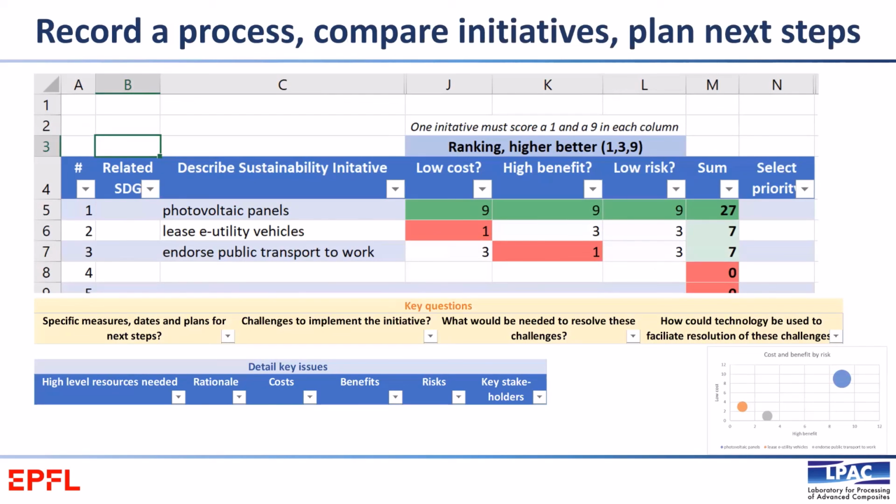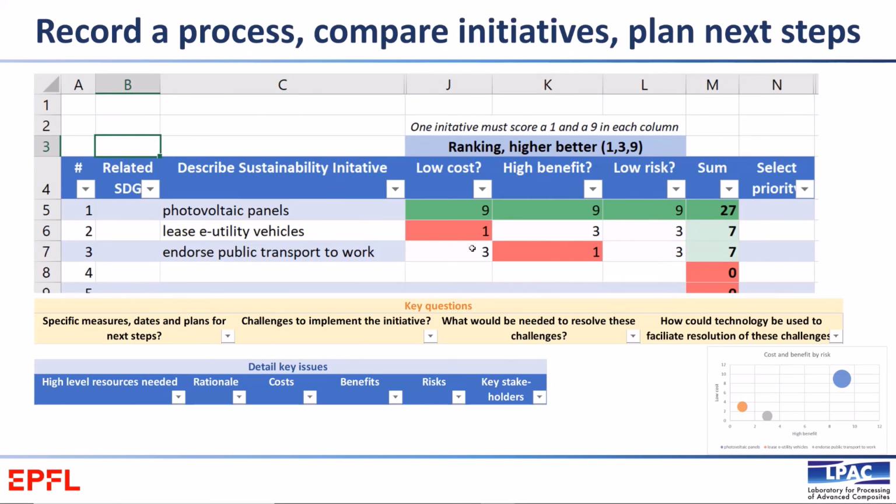So I've made a little spreadsheet for you where you can try and open it up. Basically, you can write in the spreadsheet what your initiative is. It could be, I want to install photovoltaic panels on my factory roof.